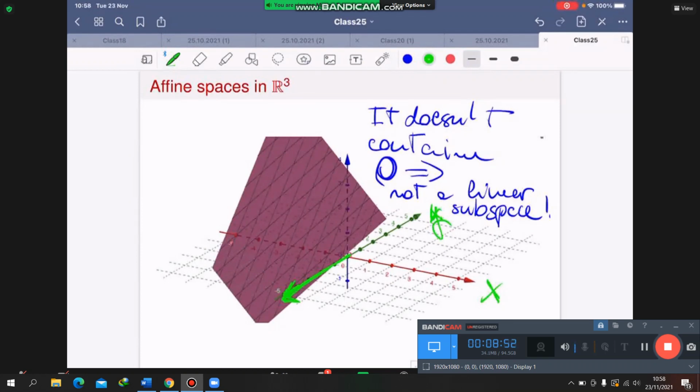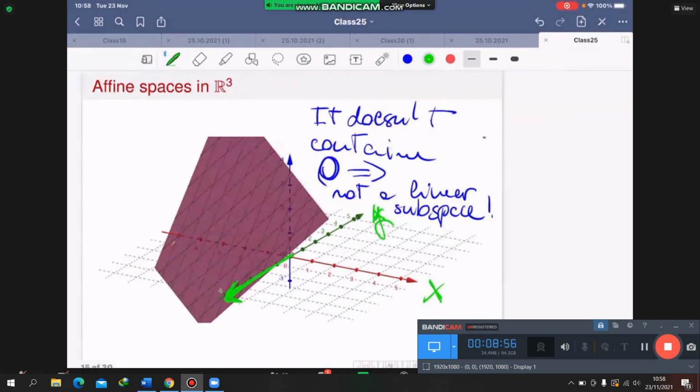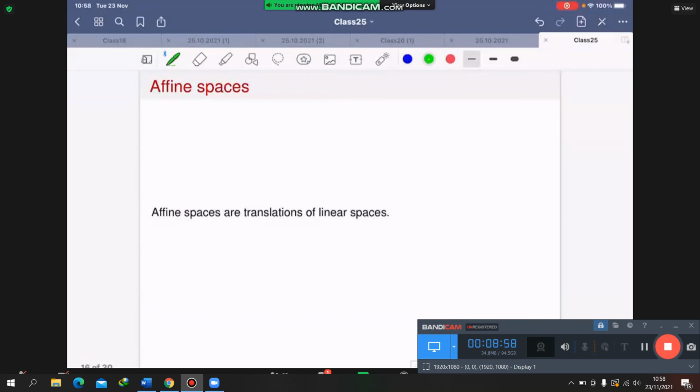And in general, what is an affine space? A translation of a linear space by a vector.